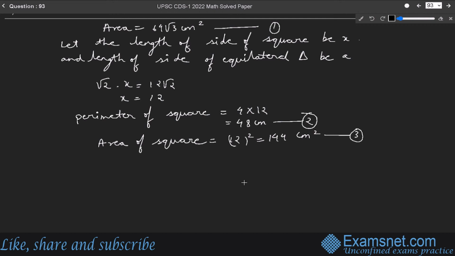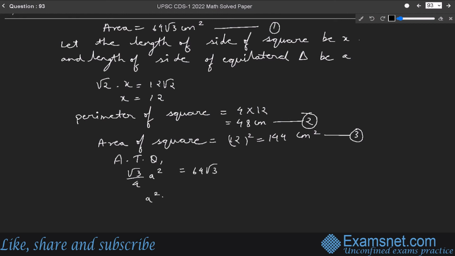Again, according to the question, area of equilateral triangle is equal to 64 root 3. It means that we can write, root 3 by 4 a square, which is the formula for area of equilateral triangle, equals 64 root 3.